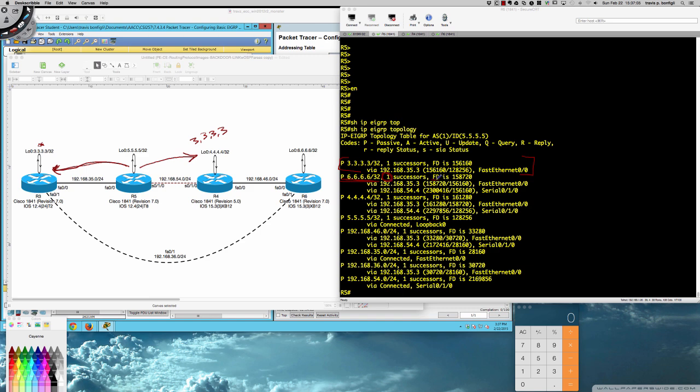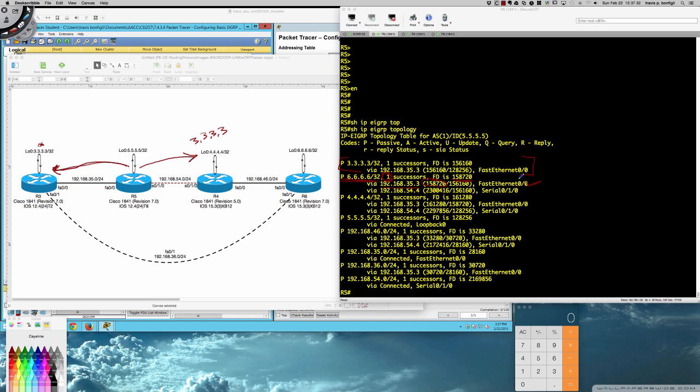His feasible distance is 158,720, and we see that right here. That is the feasible distance for the route to get to that destination via this successor. And so this is the route out FastEthernet 0/0 that shows up in the routing table.